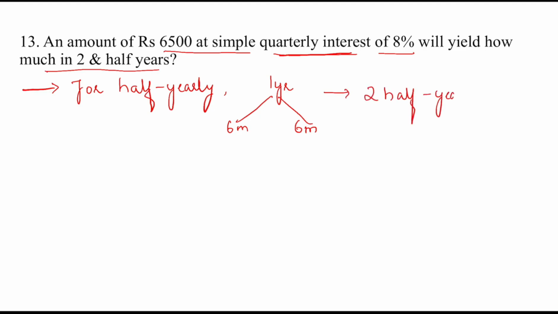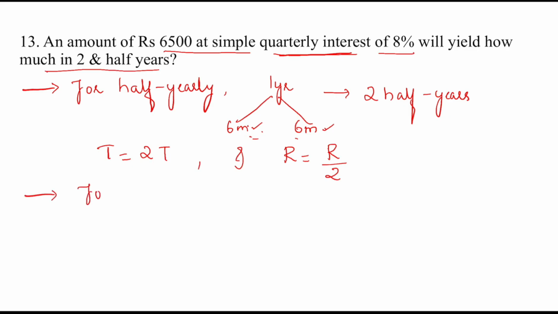So therefore time is how much? 2 times. It is calculated 2 times. So time is 2t, and the rate of interest is R by 2, because it is half, half for this and half for this.